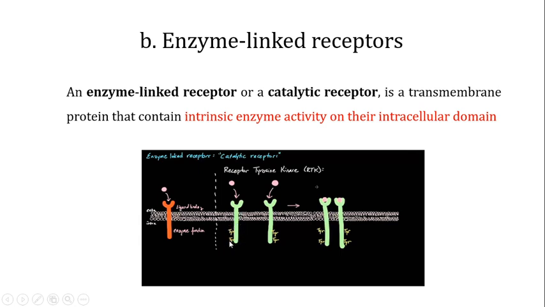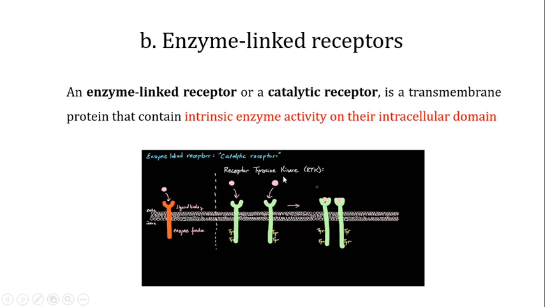They have enzymatic activity, and this is just one example of an enzyme-linked receptor, known as the receptor tyrosine kinase. If you look at the intracellular domain of this receptor tyrosine kinase, it has tyrosine kinase activity.